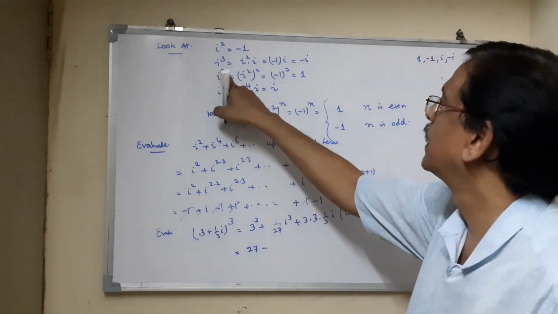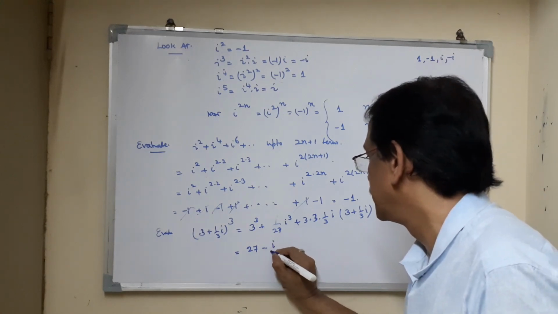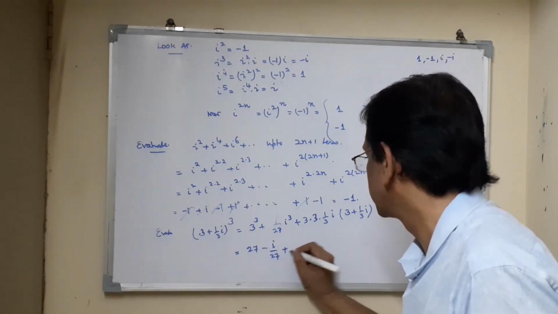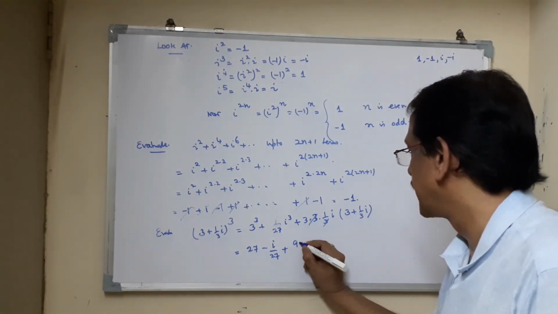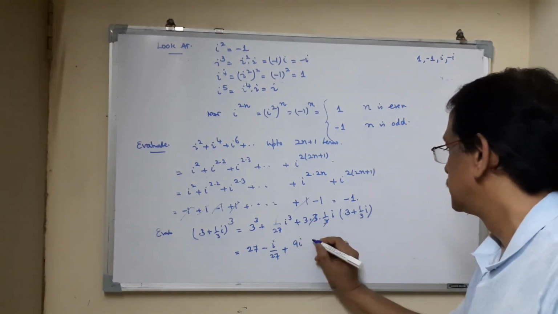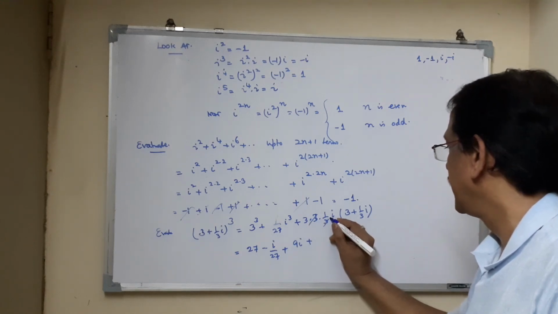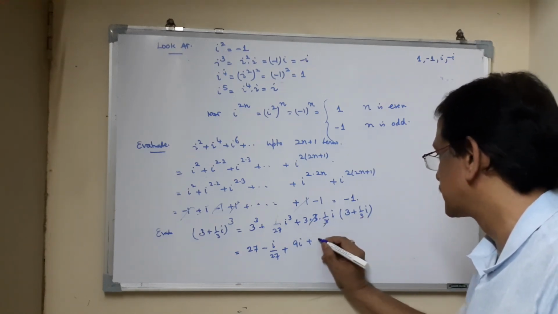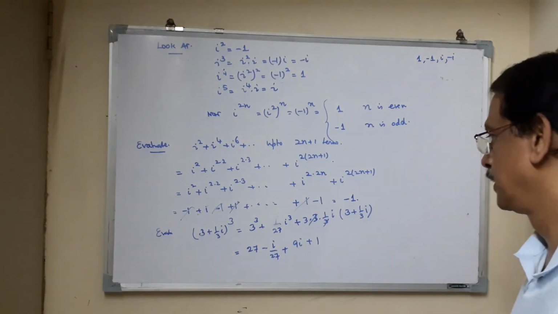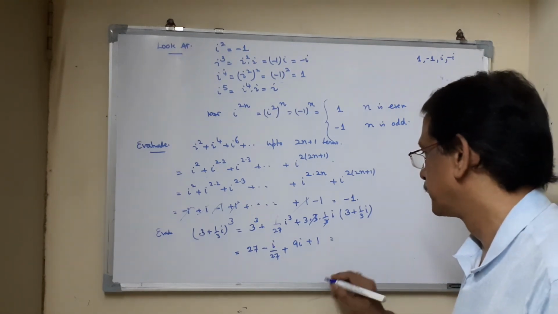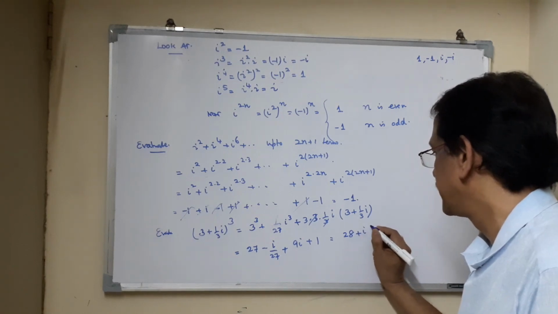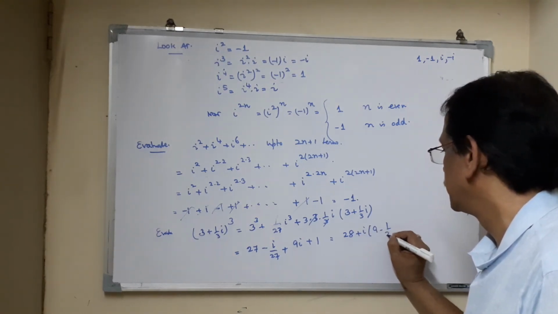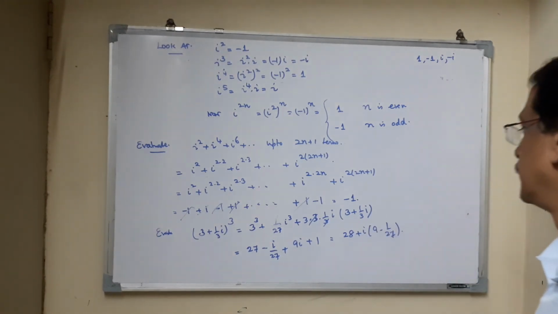What is i cube? I cube is minus i. So minus 27i by 27, hmm, you can cancel, 3 into 3 is 9i, and 1 by 3 times 3i gets cancelled, you will get 1. So this will be 28 plus i times (9 minus 1 by 27). That's all.